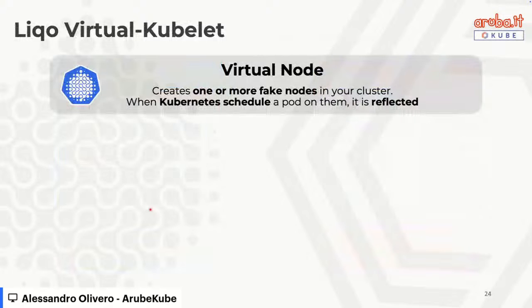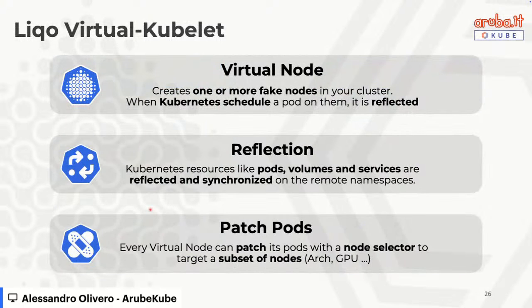Okay, here we have a very fast slide where we are specifying what Virtual Kubelet is doing in this scenario. So Virtual Kubelet is managing the life cycle of the virtual node. When Kubernetes schedules pods on it, the pods are reflected to the remote cluster. The reflection is basically a synchronization of resources.